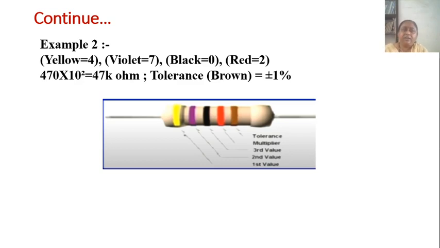Now in the second example, the first color band is yellow, so the first digit has the value 4. The second is violet, having value 7.